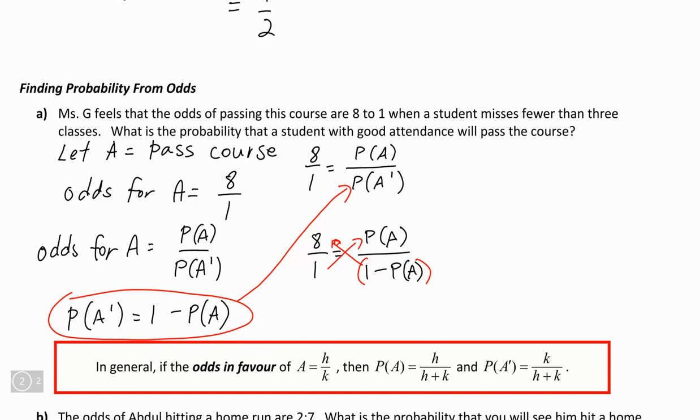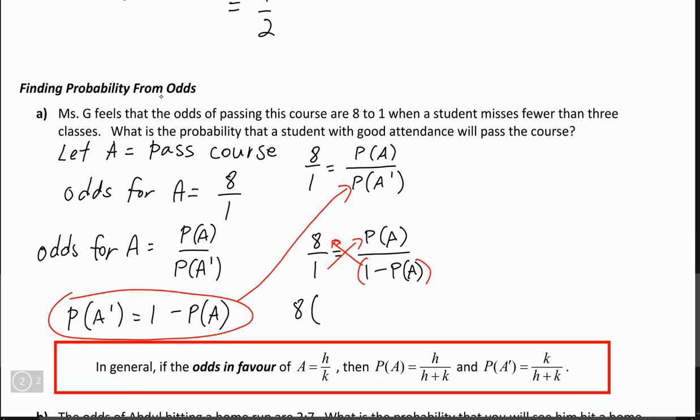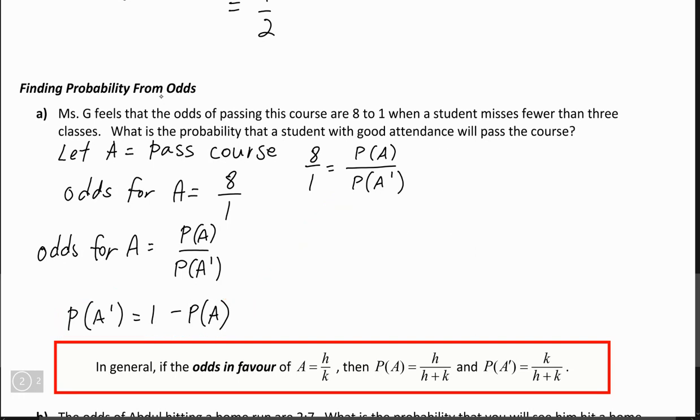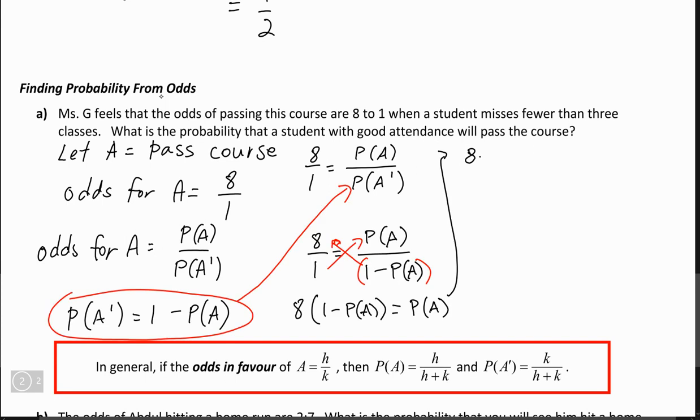So I get a new expression: 8 times (1 minus P of A) equals P of A, and then solve for P of A. If I expand the bracket and distribute the 8, I get 8 minus 8 P of A equals P of A. If I bring this over to this side, I get 8 equals P of A plus 8 P of A, which is just 9 P of A.